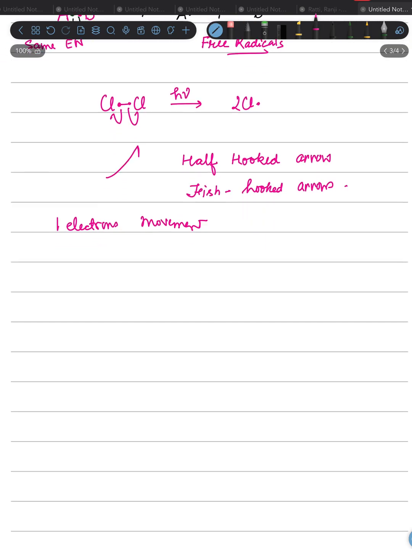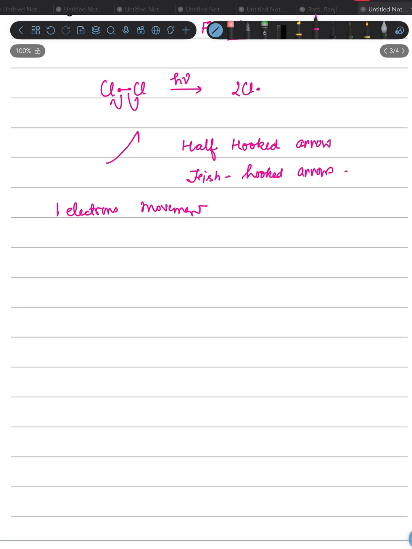Now, because we are studying organic chemistry, our interest is more on the alkyl free radicals or organic free radicals like methyl free radical, ethyl free radical, right? Both of them are primary free radicals, right?